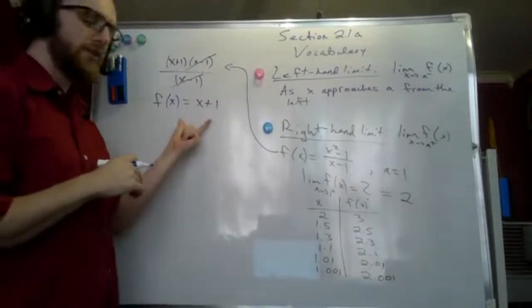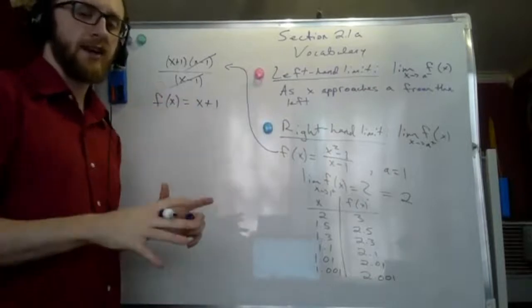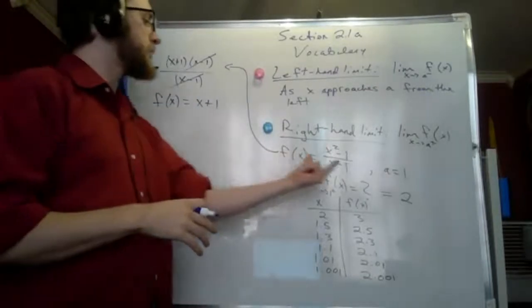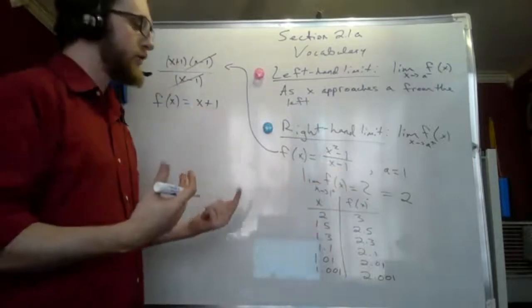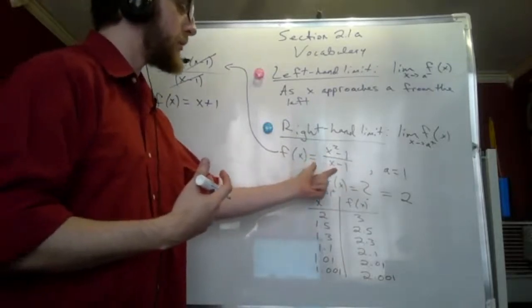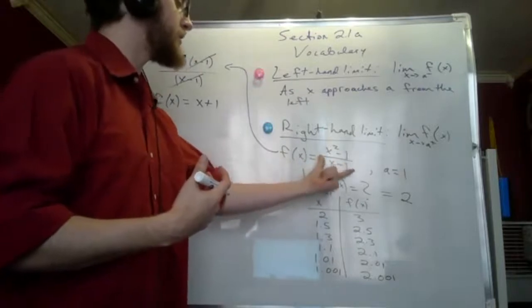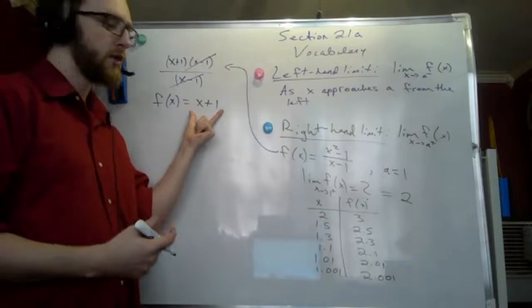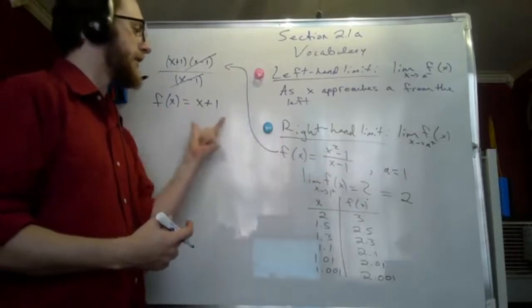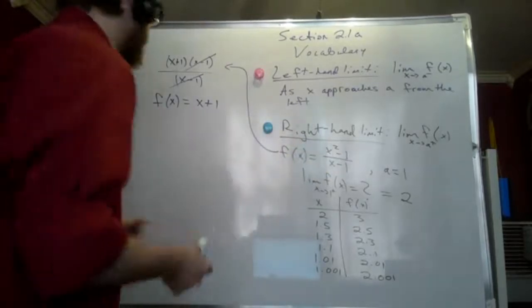The reason I say equivalent and not actually the same is because the original function was written as a fraction. So we still have some issues when we try to plug in 1, but we at least know that this is equivalently represented by x plus 1. So be careful in that differentiation between the two.